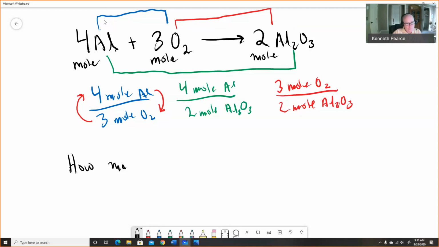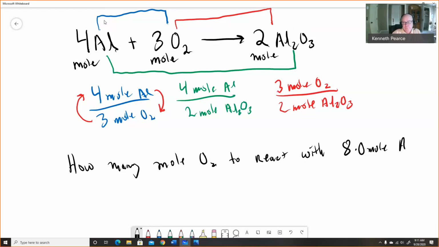How about a problem that looked like this? How many mole oxygen react with, let's say, 8.0 mole aluminum? We look at this, and what are our rules? We're always looking for keywords.